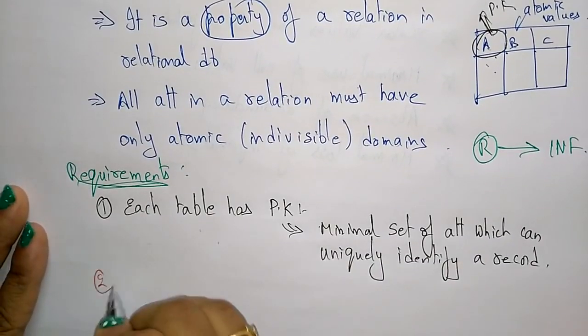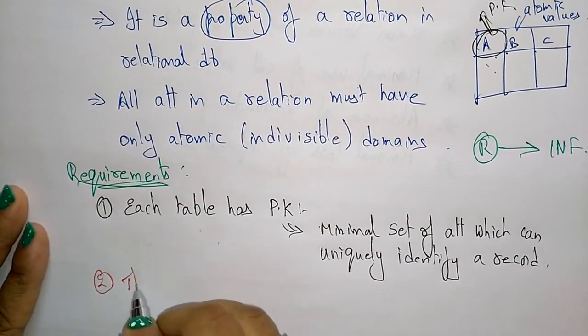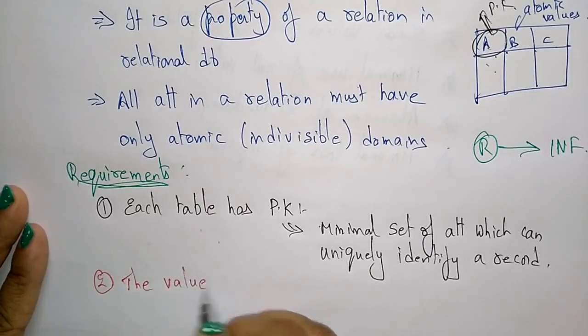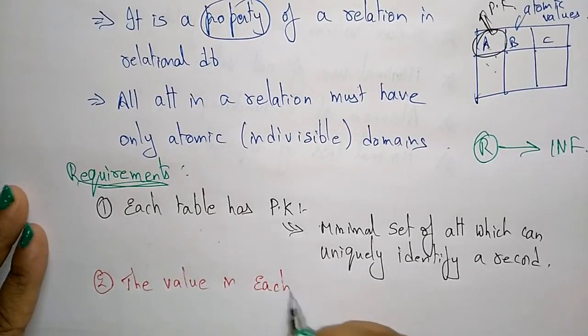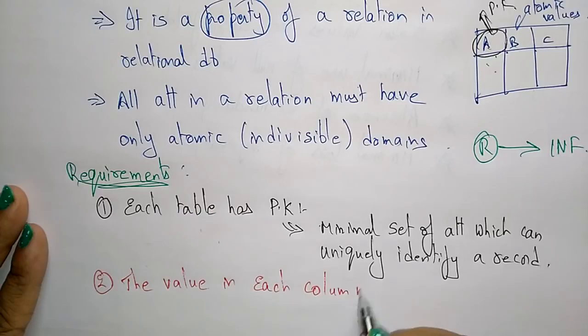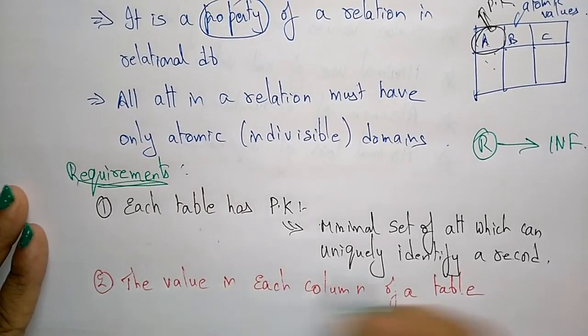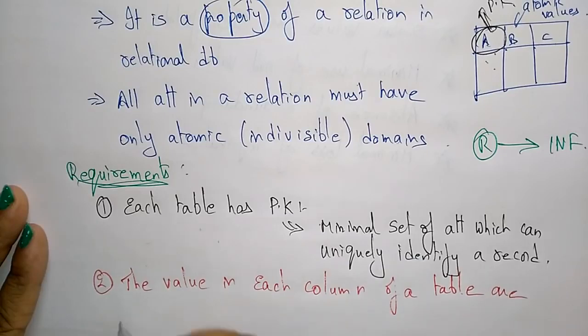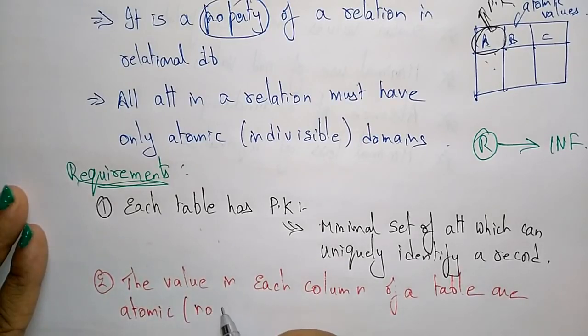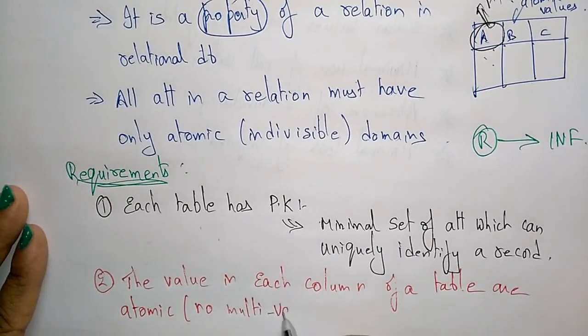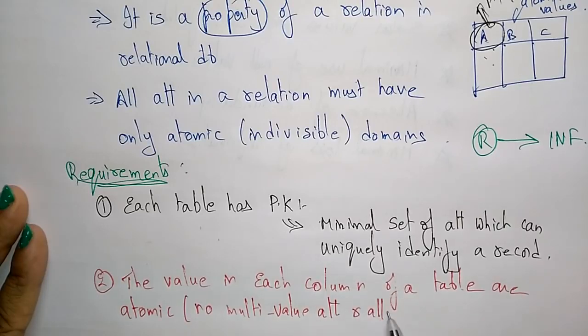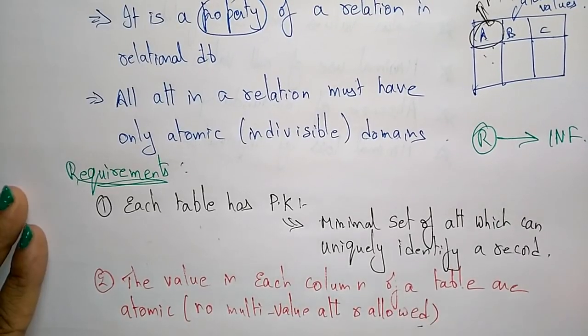Now coming to the second requirement: the value in each column of a table must be atomic, meaning no multi-value attributes are allowed.